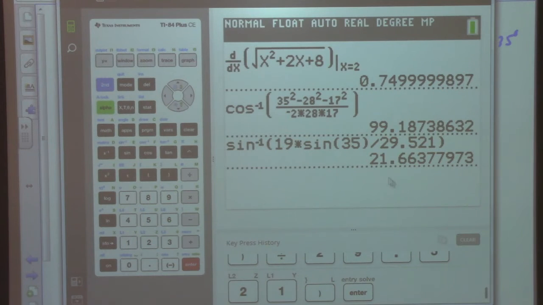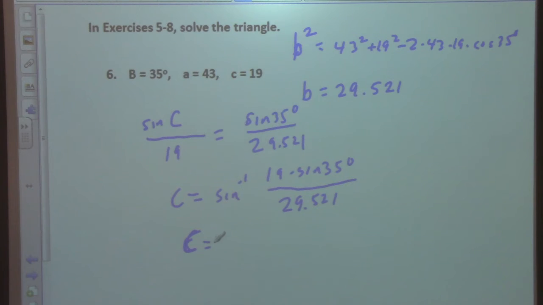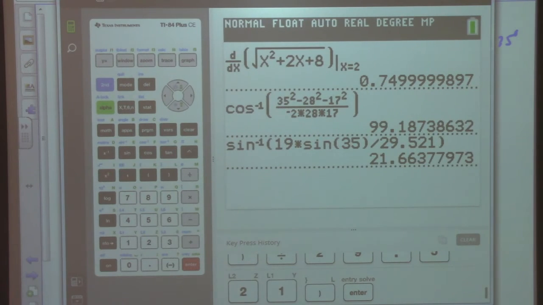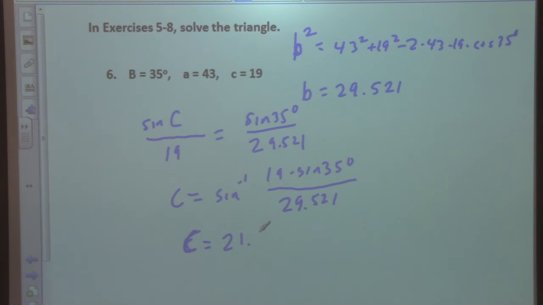You should get 21.664 degrees. So that would be angle C, and then the next thing you have to do is find angle A, your biggest angle. So biggest angle A is going to be 180 minus 35 minus 21.664.